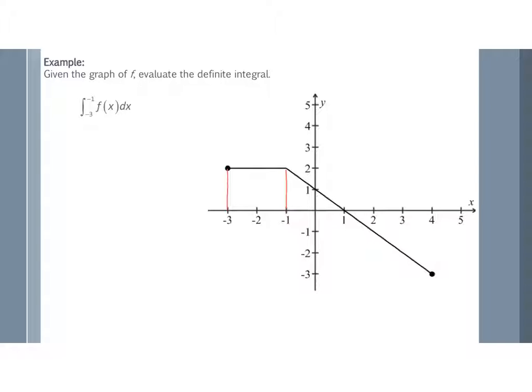Our function is non-negative on this interval, so therefore we're looking at the area under the curve, between the curve and the x-axis, that is, between -3 and -1. Well, that's just a rectangle. So therefore, we can use geometry yet again to evaluate. So this is 2 units. This is 2 units. So we actually have a square. And so we have an area of 2 times 2, which is 4.